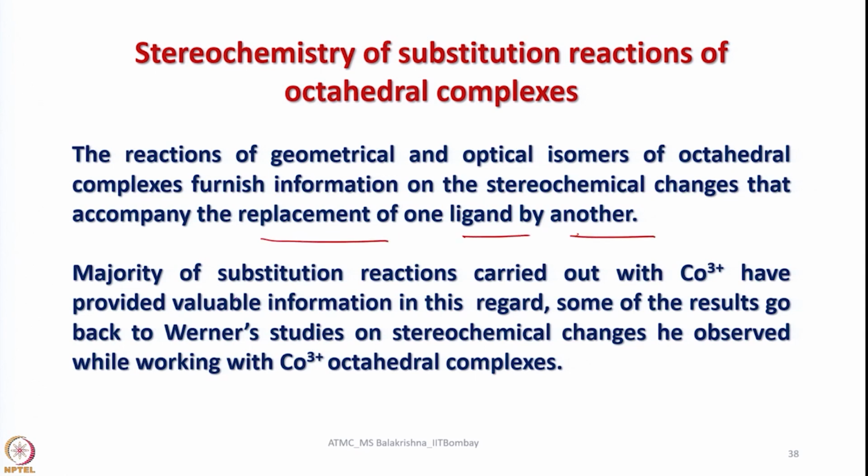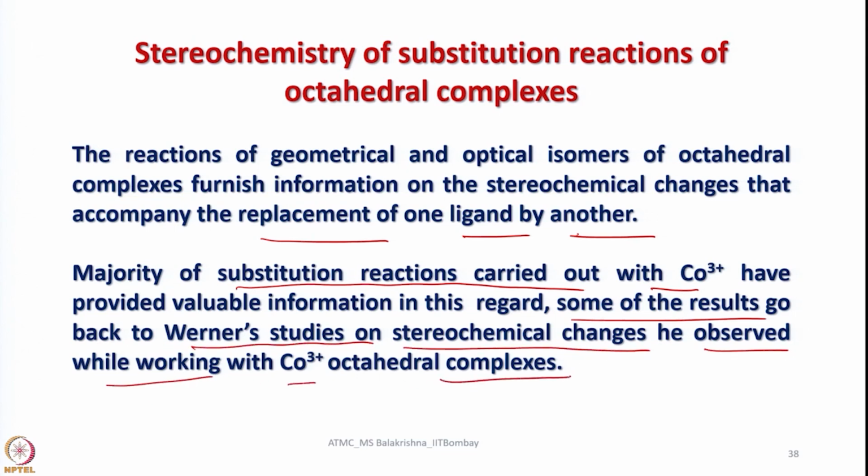So, the majority of substitution reactions carried out with cobalt 3+ have provided valuable information in this regard, and some of the results go back to Werner's studies on stereochemical changes he observed while working with cobalt 3 octahedral complexes.